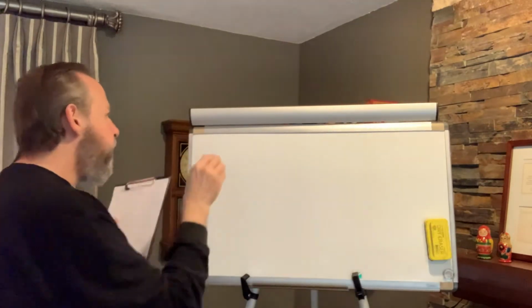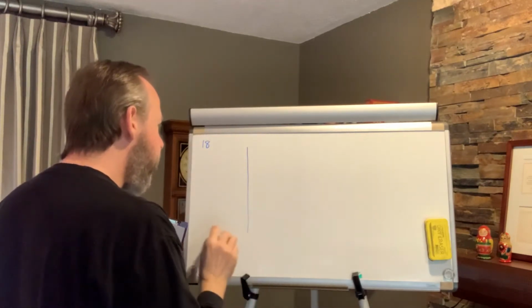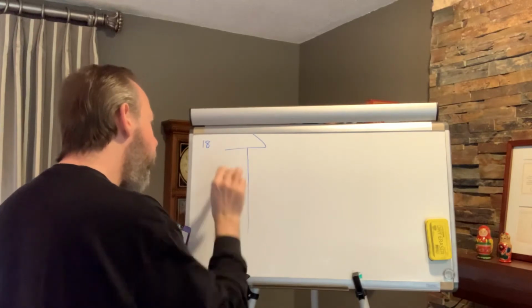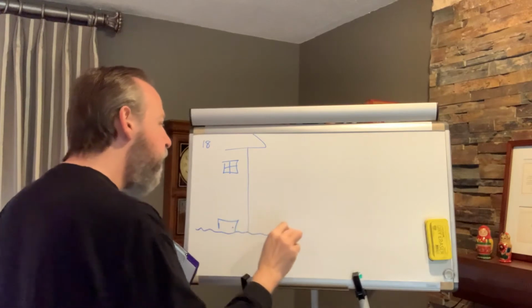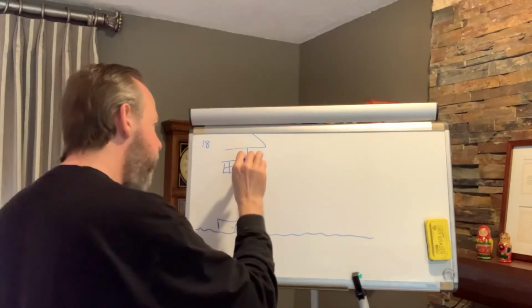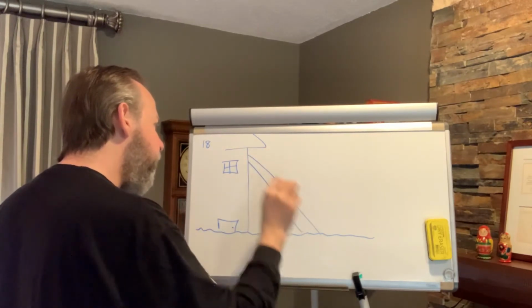How about 18? 18 is telling us that there is a house. So here's my house. Yes, I'm drawing a house. And here's the front yard. It says that there's a ladder that's leaning against the house. Okay, so there's my ladder leaning against the house.